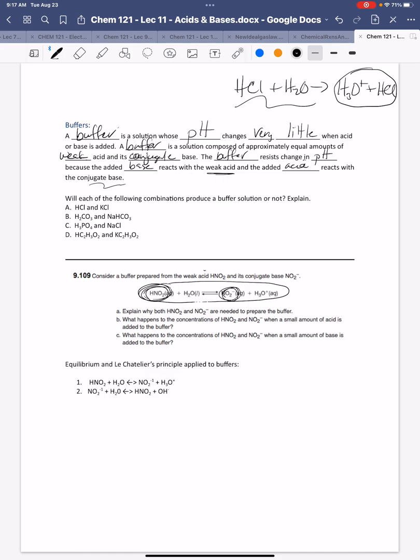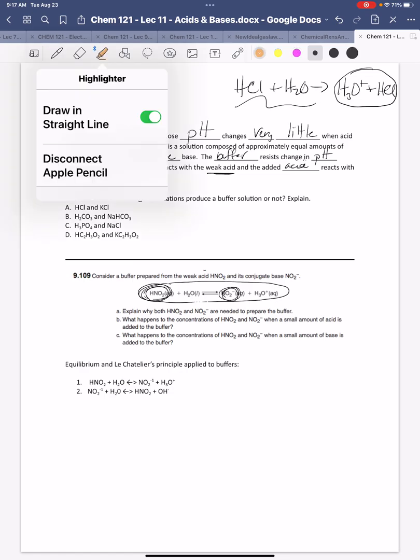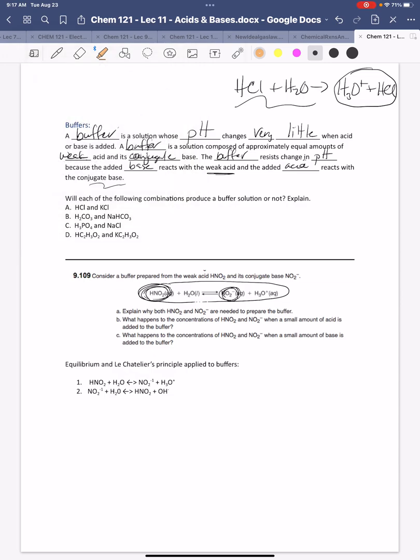So this solution has the ability to absorb acid if you add it, or base. And this is kind of what's going on in the blood. So why do we have to have both the weak acid and the base? We've got to have the acid present to absorb the base, and the base present to absorb the acid.